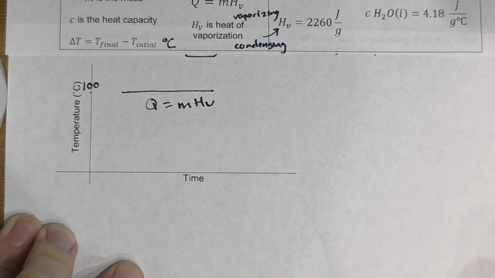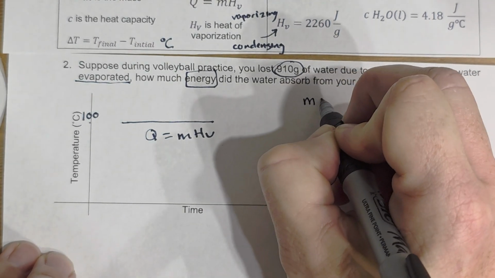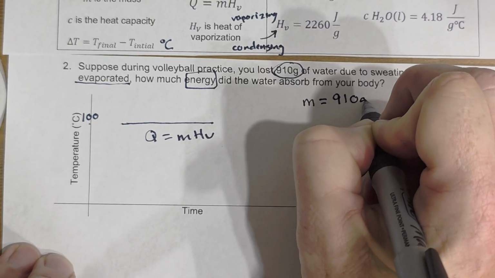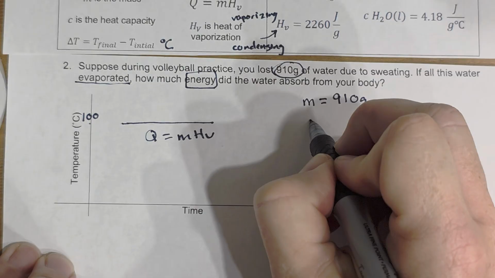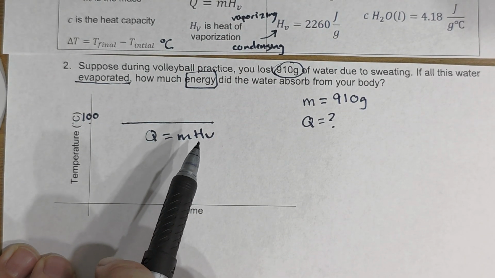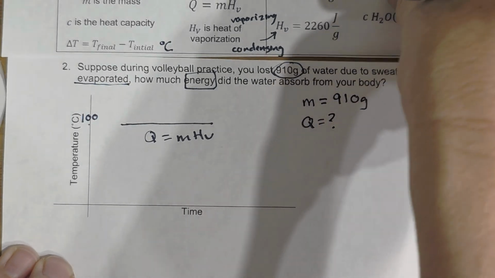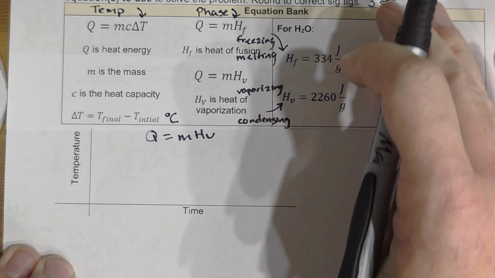Okay, now I'm going to list what I know. Well, I know the mass is 910. So I've got the mass. I want to know Q. That means that I need to fill in HV, which is nice because, look, it's given to you right here in the equation box.